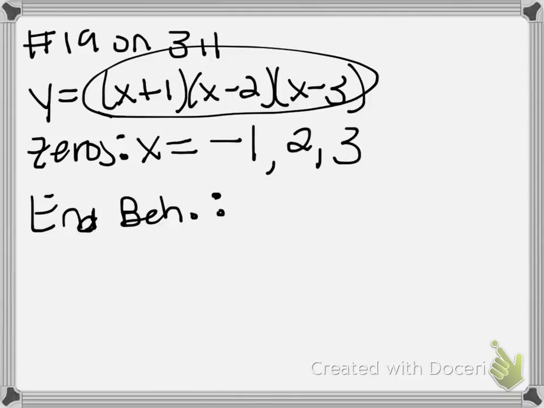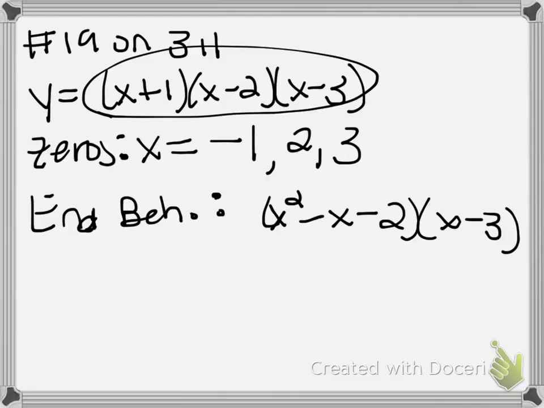For sake of time, I'm just going to abbreviate it. When you multiply the first two out, you end up getting x squared minus x minus 2 times x minus 3, and you distribute it out, but you'd notice that you end up getting a positive x cubed.